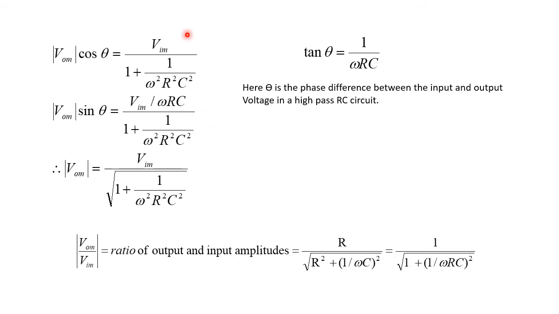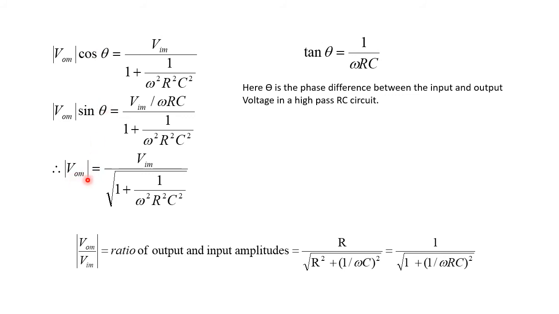Now from the above equation, equating the imaginary and the real parts on both sides of the equation, we obtain the expression for Vom cos theta and Vom sin theta. And by squaring and adding these two quantities, we obtain the expression for Vom.